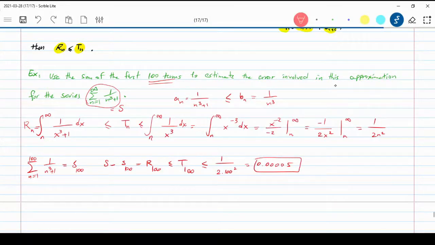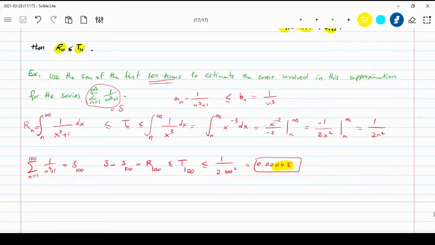This gives you an estimate of how close you are to the result. It's not the exact error, it's just a bound for the error.